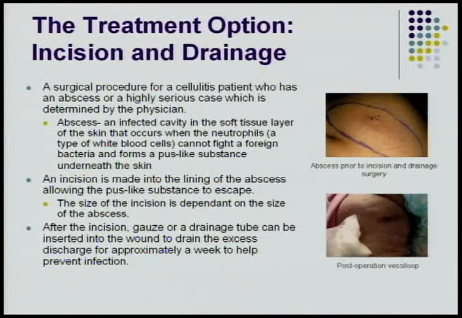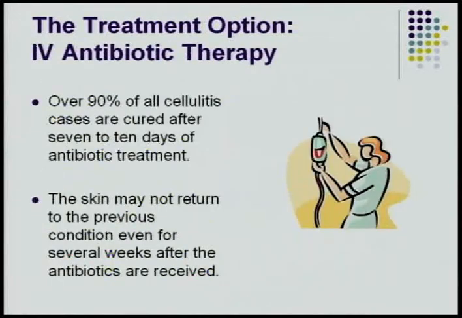So it forms a pus-filled cavity that can be drained through a small incision in the lining of the abscess. Then a drain is inserted, such as gauze or a Bessie loop drainage tube, to allow the discharge to exit the body. The second treatment option is IV antibiotic therapy, which is given intravenously.